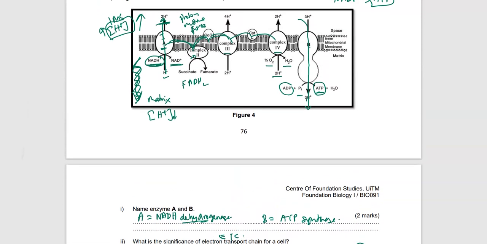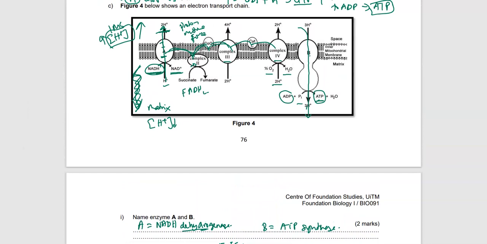If you look at this diagram here, as NADH releases electrons, it regenerates NAD plus or FAD, so that they can be recycled to create more NADH or FADH2 during the link reaction or during the citric acid cycle.